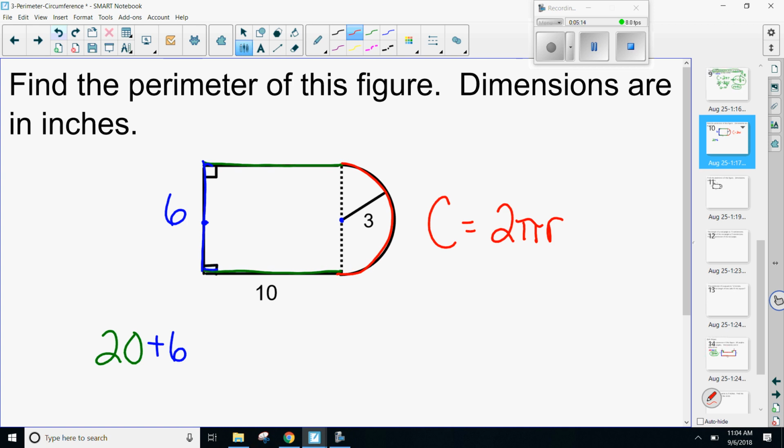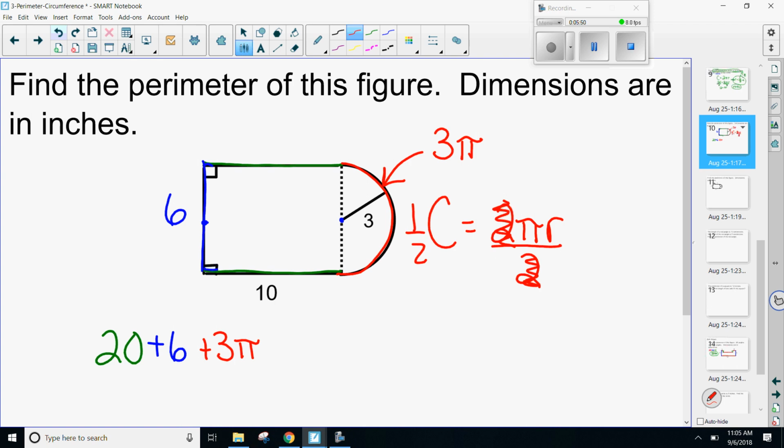So the formula 2 pi r is correct, but since we only have half of it, I divide by 2. When you take 2 pi r and you divide by 2, what happens to these 2's? They cancel each other out. So circumference of a semicircle is the same thing as pi times radius. What is the radius? 3. So that is the same thing as pi times 3, or 3 pi. So we want to add that to our piece down here when I'm finding perimeter.